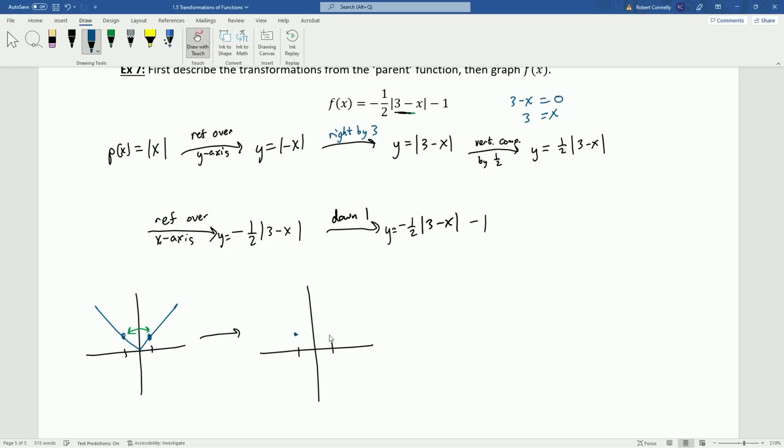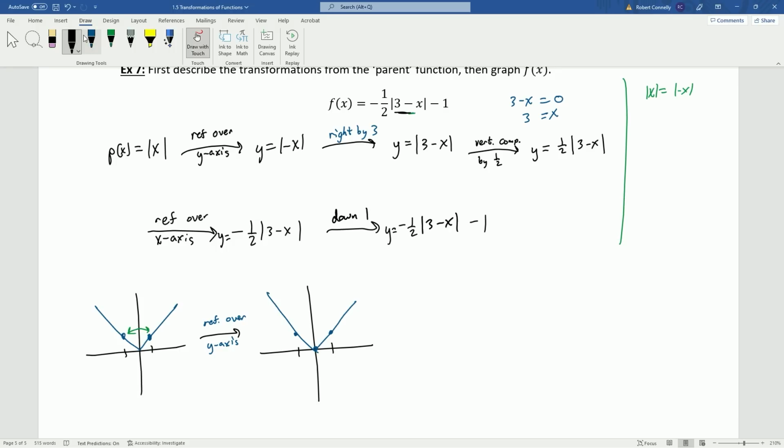Well, the points switch places, but because this function is even, it actually doesn't change the graph. So that's a key thing to understand here. What do we know about the absolute value of x? It's the same thing as the absolute value of negative x, right? So just like the function is the same thing if you put a negative inside first, the graph is the same when you do your reflection over the y-axis. This is a fact for all even functions. Any even function, if you reflect it over the y-axis, just gives you the same picture.